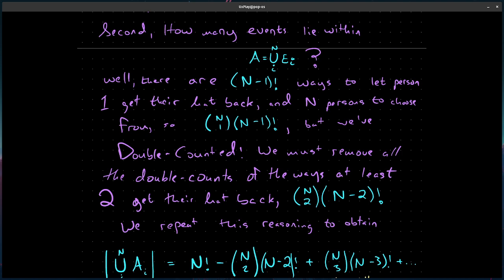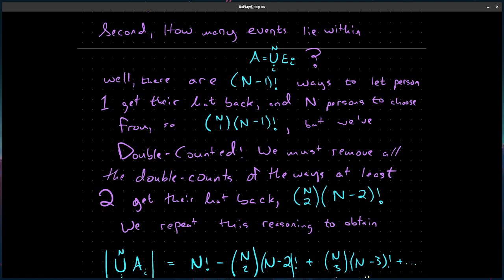Well, let's say we pick the person at index 0 and assign them their hat back and permute the remaining n minus 1 hats however we want. Then we can say fairly easily it's just going to be fixing the hat at index 0 and any permutation on indices 1 through n minus 1, so that's n minus 1 factorial ways.